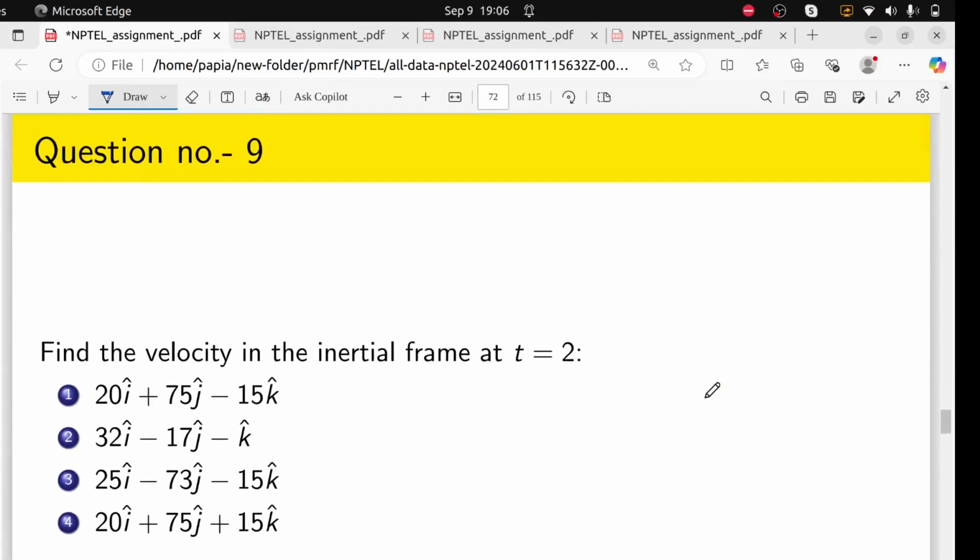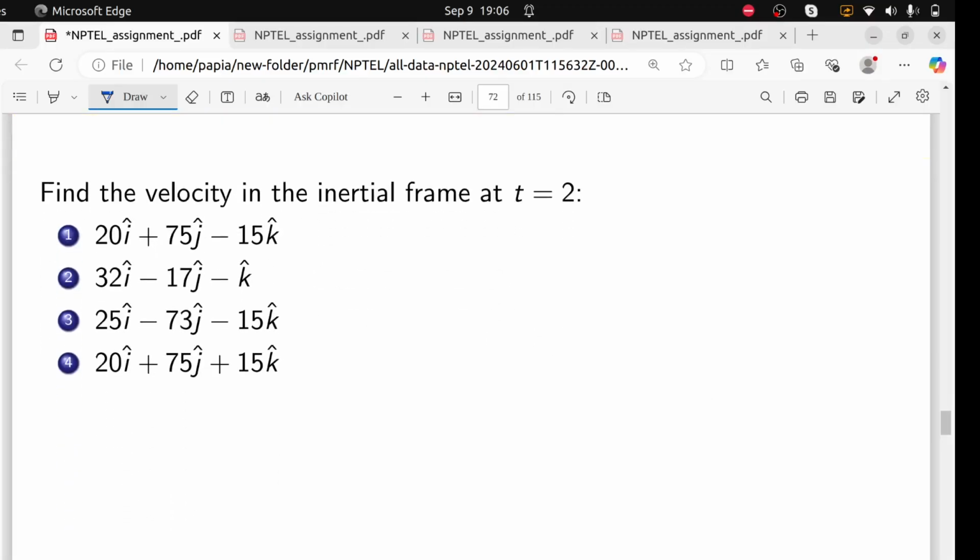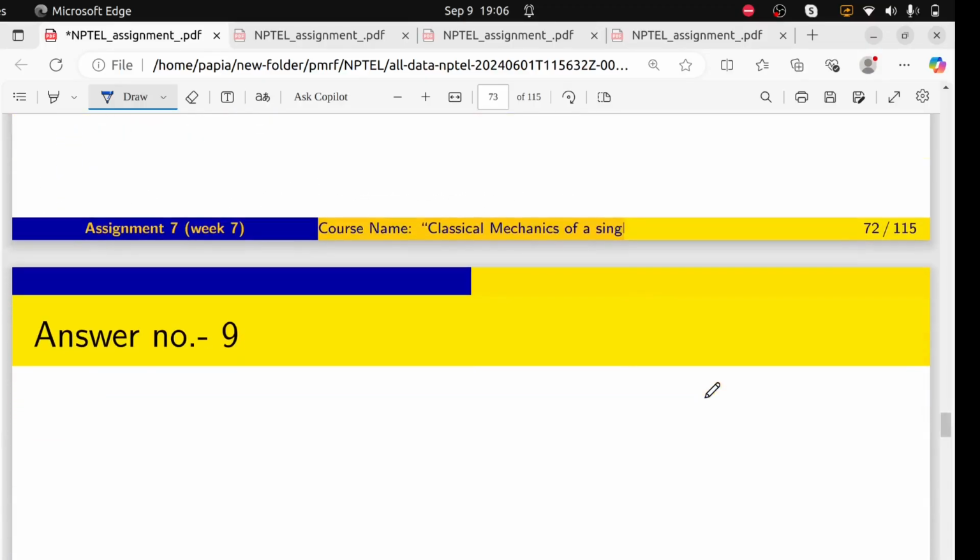Okay, now coming for the next question, to find the velocity in the inertial frame at t equals to 2. This is a good thing. Like, okay, first of all, velocity.